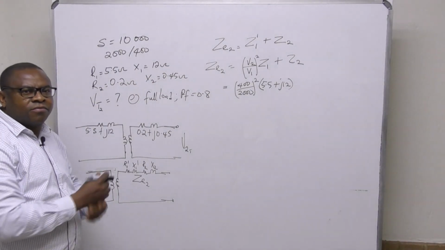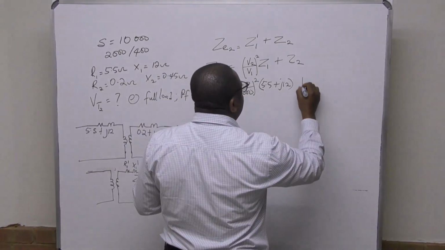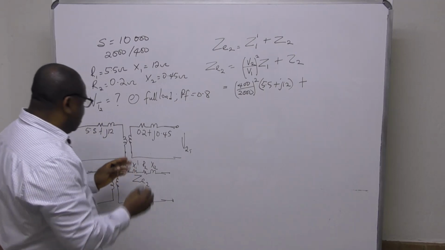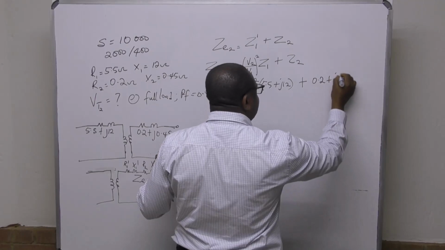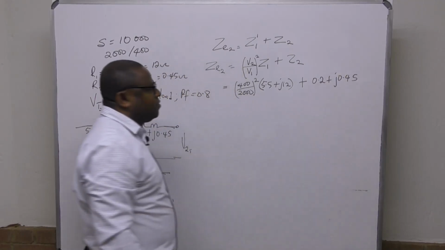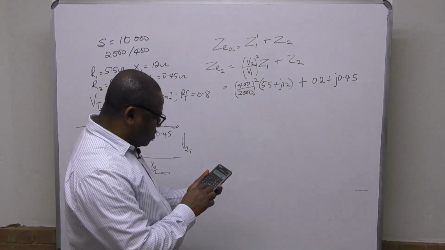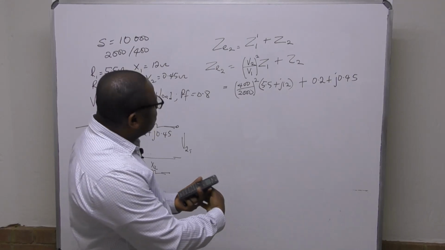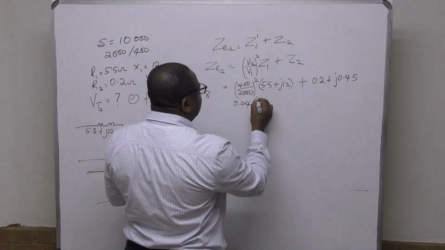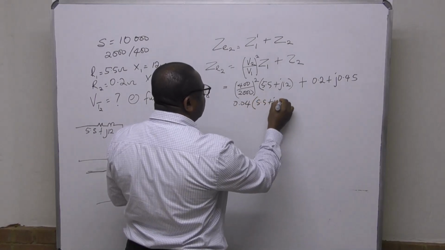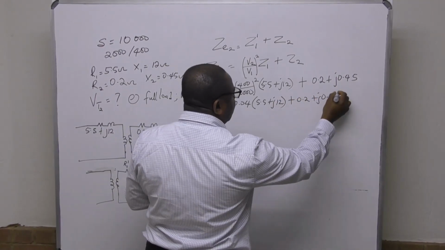Now we add that to this 0.2 plus j0.45. This is like 0.04 into 5.5 plus j12, plus 0.2 plus j0.45.